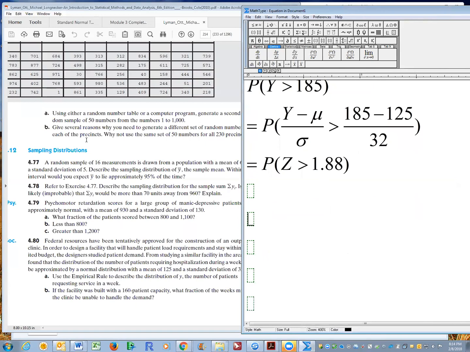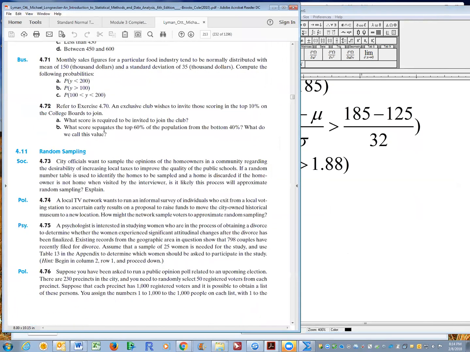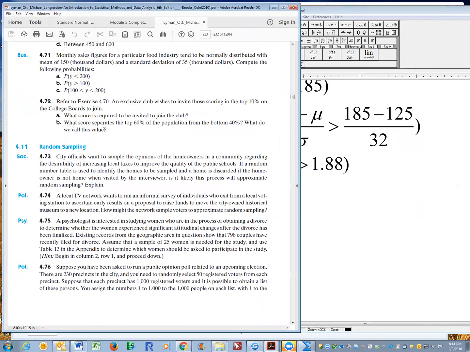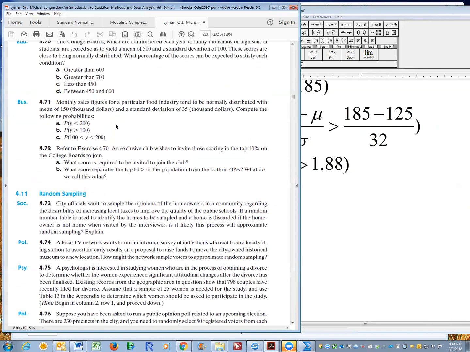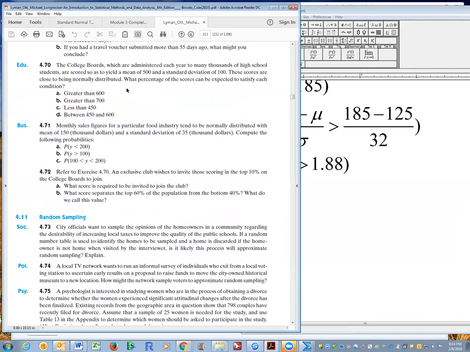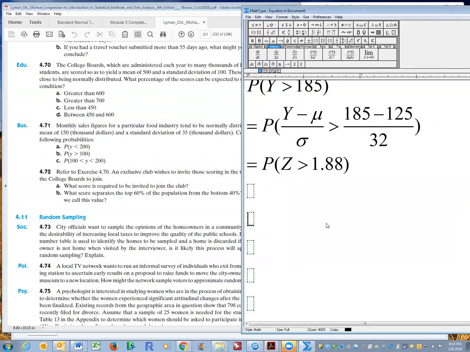Let's see, this is number 72. The College Board score is the variable, and it is said to follow a normal distribution with a mean of 500 and a standard deviation of 100.